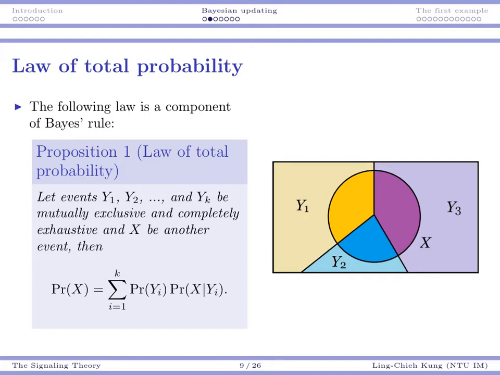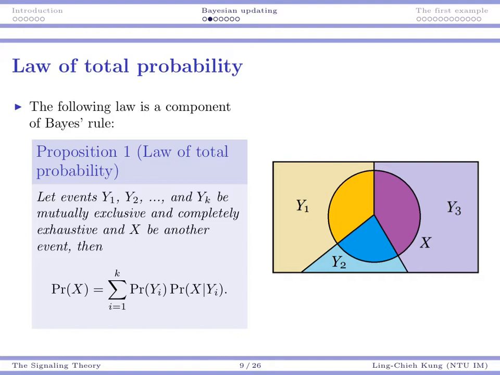Suppose x is another event. Then the probability for x to happen is the following. We can take the conditional probability of x happening based on each yi, and multiply it by the probability for yi to happen.